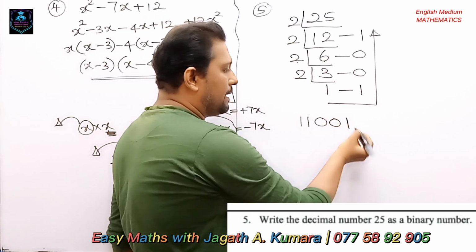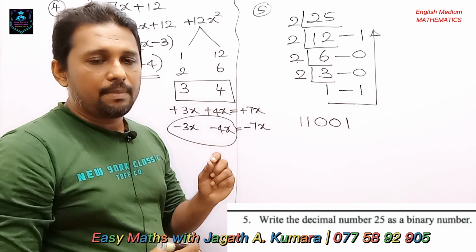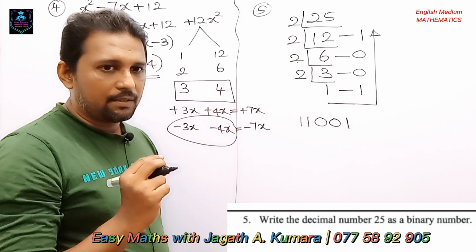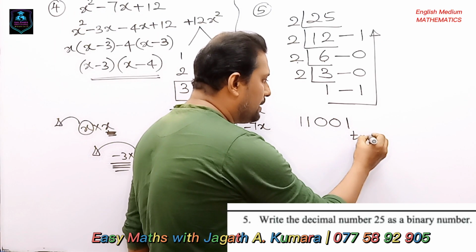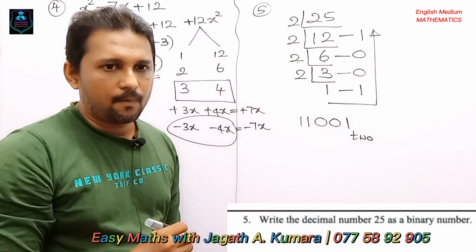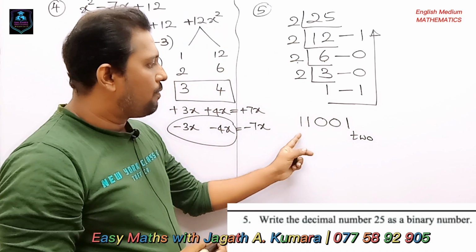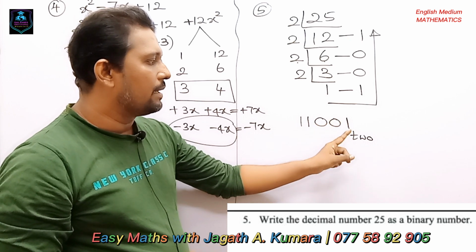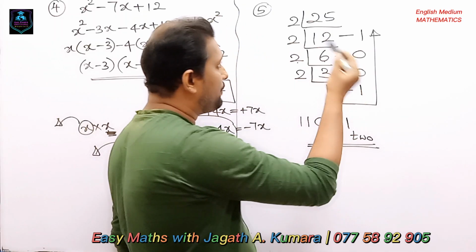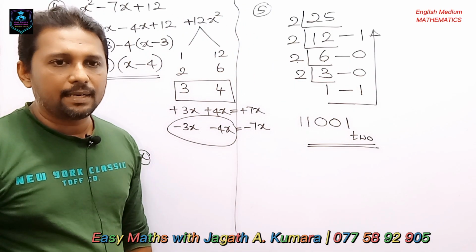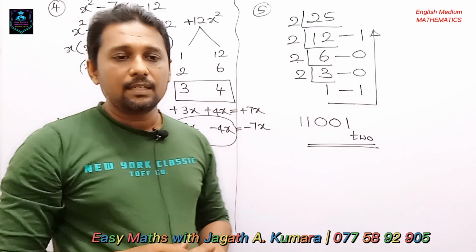This is the binary number. Also, you have to remember to put the base 2. So what is the answer? 11001 base 2. This is converting 25 into a binary number, right? It is the question number 5.